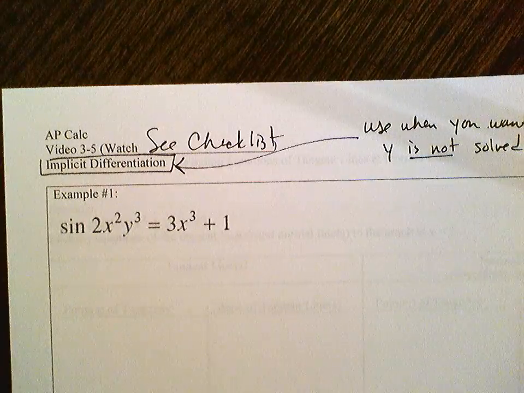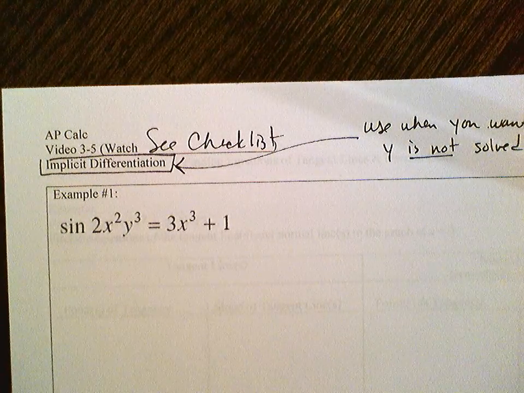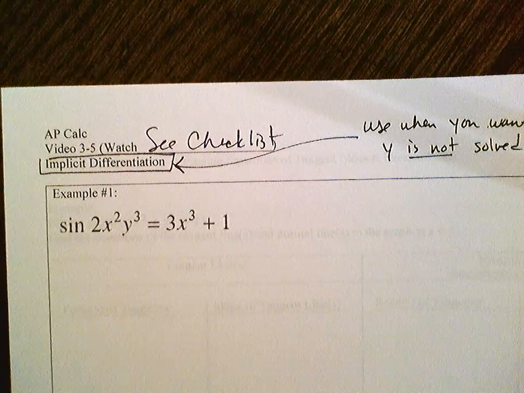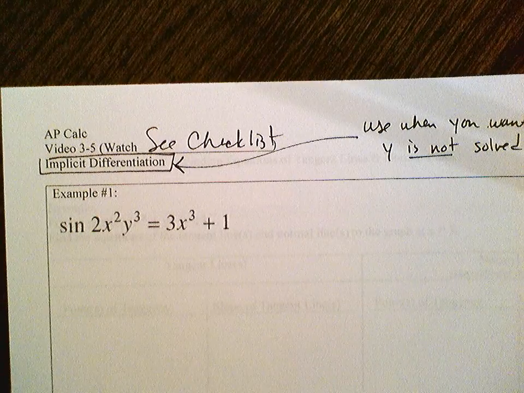We've been covering this for the last 3 lessons, and this is what we've been working up to. So you want to use implicit differentiation. Implicit differentiation is when you do chain rule on everything.